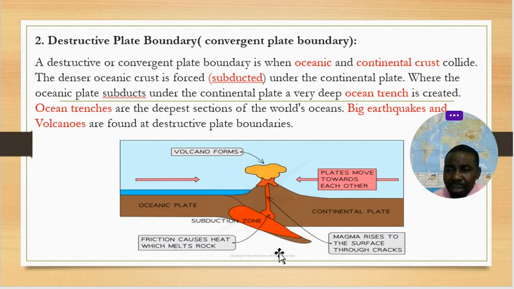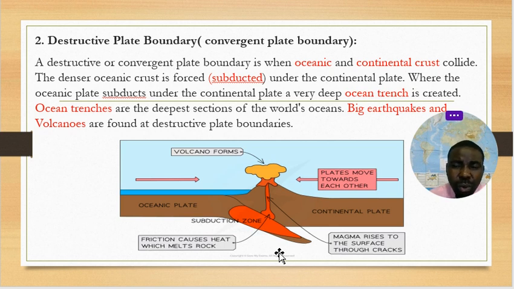The oceanic sinks under the continental into the subduction zone, thereby giving room for magma to rise and escape to the surface of the earth through cracks. And I told you that eruption here is always violent, and earthquake is always disastrous. Those are the things you have to take note of under destructive plate boundary.